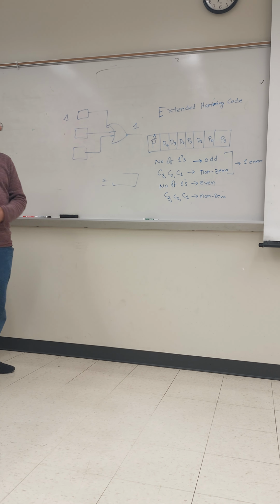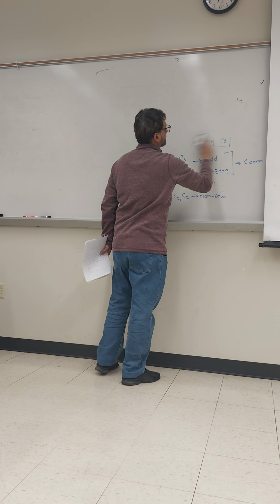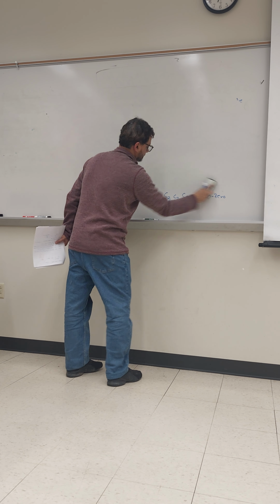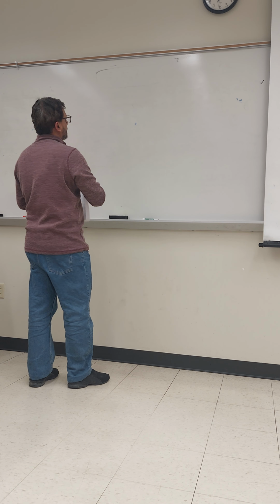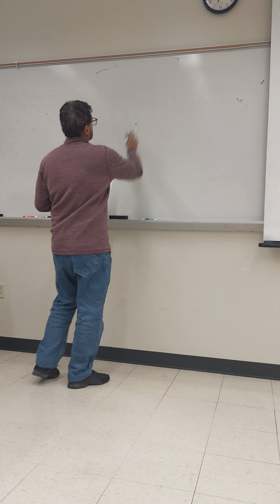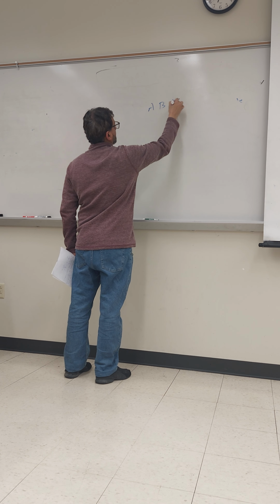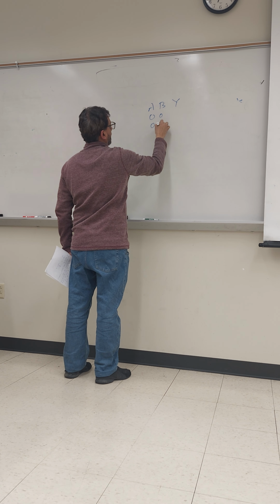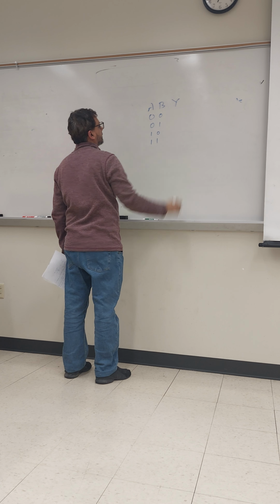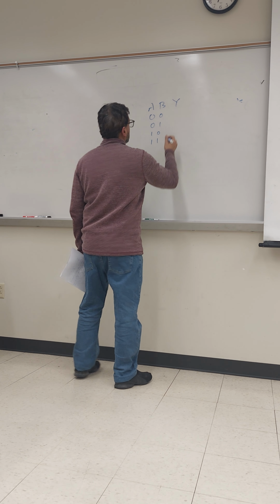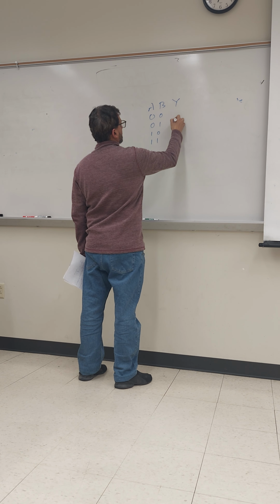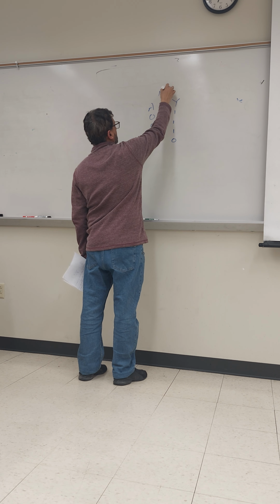If I draw the logic gate, maybe it will be easy. So A, B, and Y. 0, 0, 0, 1, 1, 0, 1, 1, right? For the NAND gate, it will be 0 here, otherwise all are 1 for NAND, right?